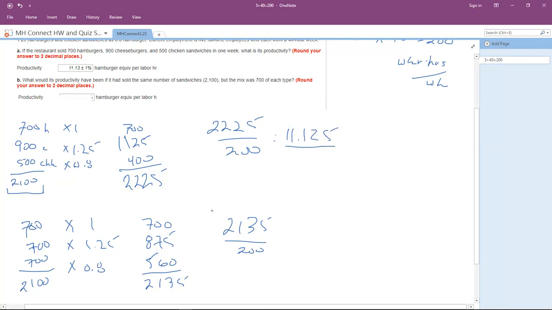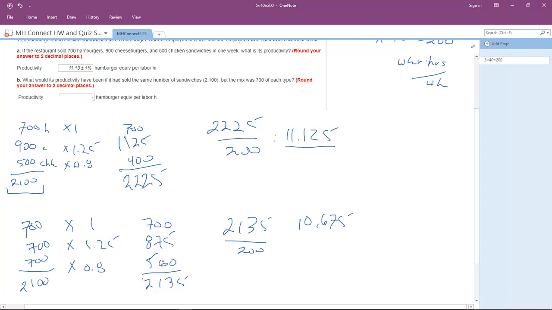All right. So our productivity was 10.675. And you can see what happens is when we increased the number of chicken sandwiches by 200 and decreased the number of cheeseburgers by 200, we created the same number of sandwiches.